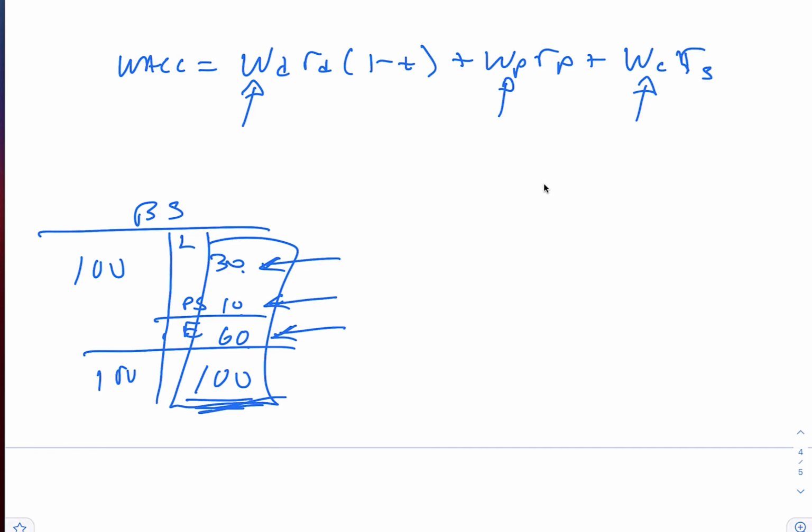The other thing to keep in mind is that the RD, here the RD adjusted for taxes, and the RP and the RS, represent the marginal cost of funds. So we had a 6% cost after tax for debt. That means if you issue $1 more of debt, how much is it going to cost you? 6%, or 6 cents. If you issue another $1 of preferred stock, how much is that going to cost you? 9%, or 9 cents.